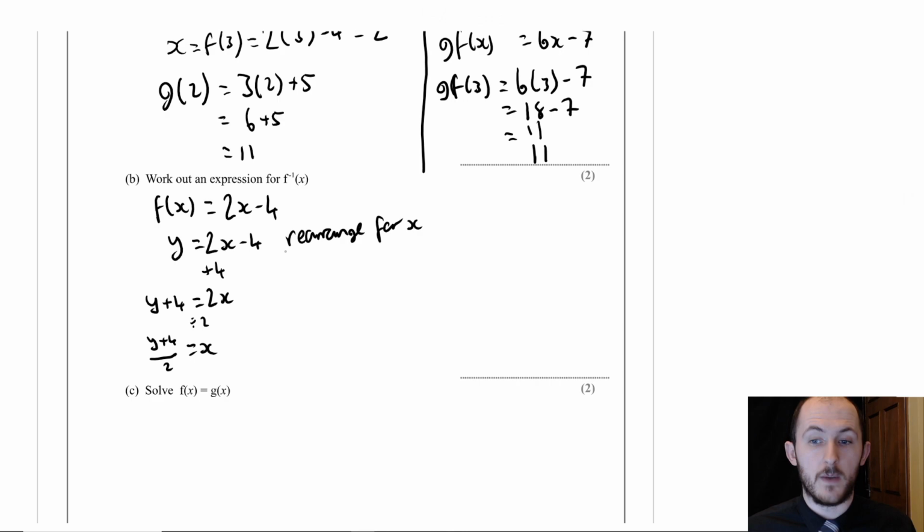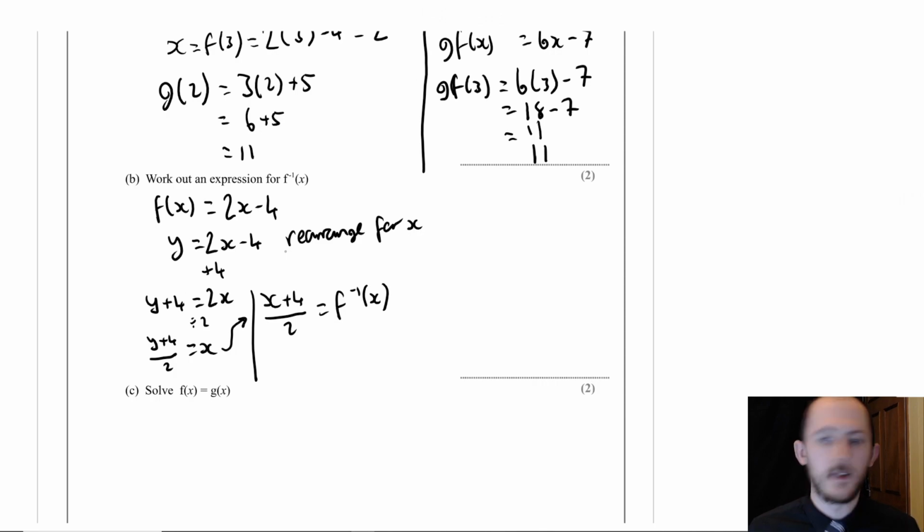And then all you're doing for your final answer is you write the same thing again, but instead of x, you put f minus 1 of x, and instead of y, you put x. So we have x plus 4 over 2 equals the inverse function. So again, you could have worked this out by yourself by just saying you would add 4 and divide by 2. If you jump straight to this step, you still get the full marks because you can logically deduce it.